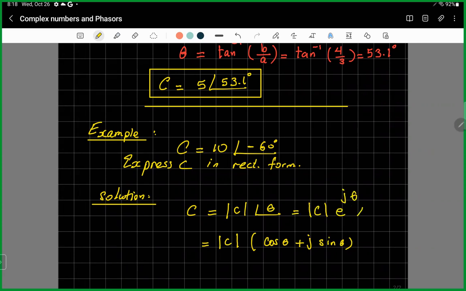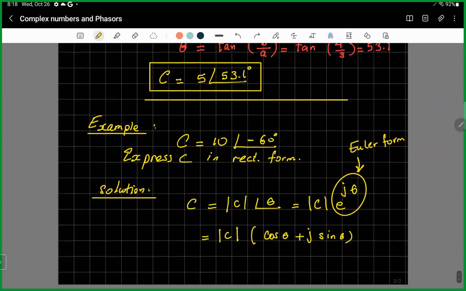This is the way to represent an angle in exponential form. If you remember, we call it Euler form. I'd like to tell you where it comes from. That's e to the j theta, and e to the j theta, Euler form, can be expressed as cosine theta plus j sine theta. This is the way that we're going to represent it.